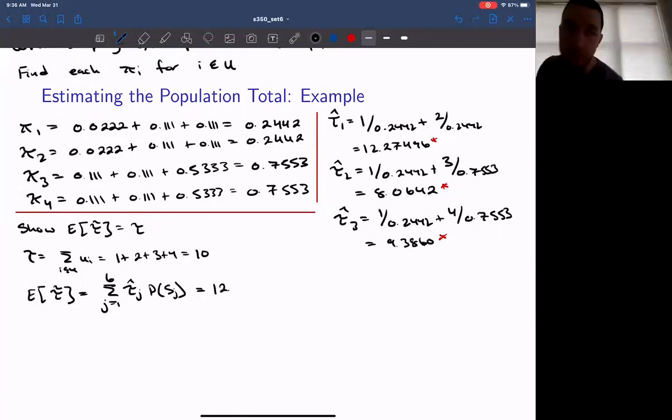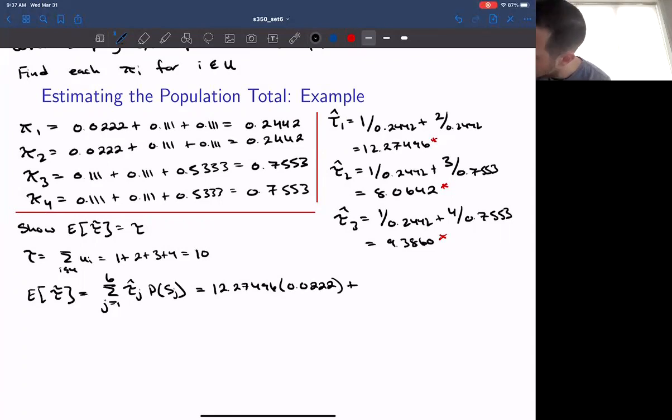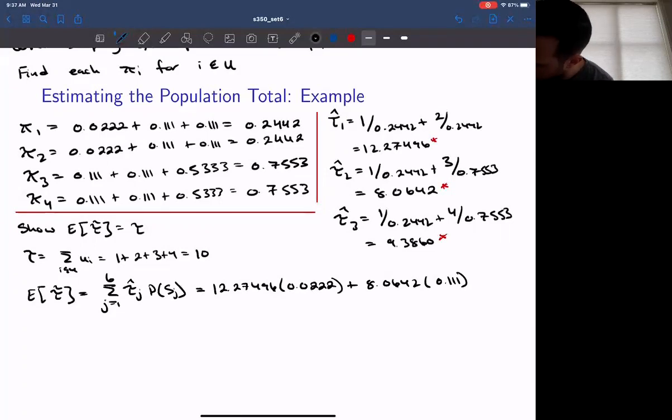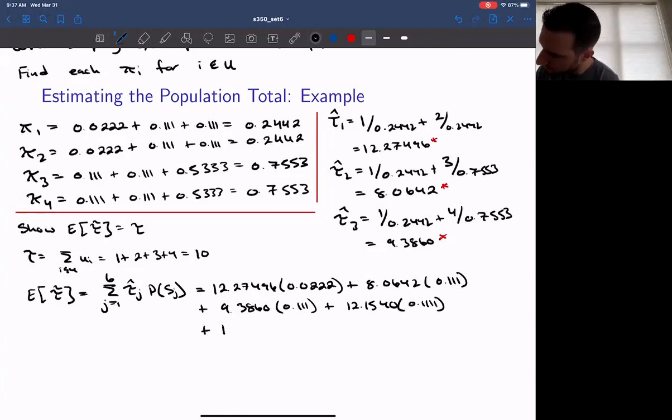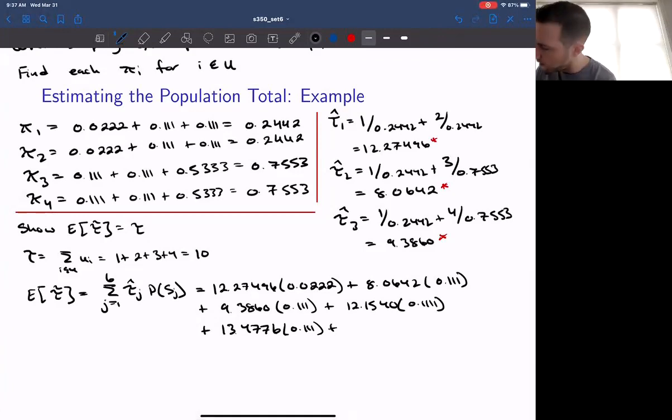So this is going to be 12.27496 multiplied by 0.0222 plus 8.0642 multiplied by 0.111 plus 9.3860 multiplied by 0.111 plus 12.1540 multiplied by 0.111 plus 13.4776 multiplied by 0.111 plus 9.2652 multiplied by 0.5333.